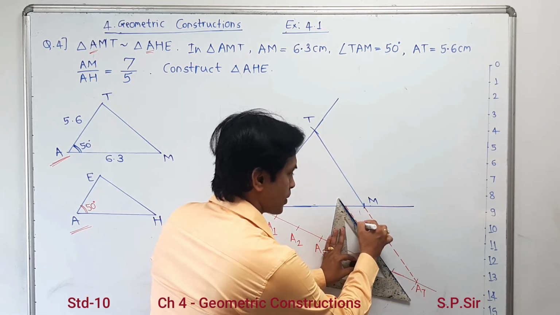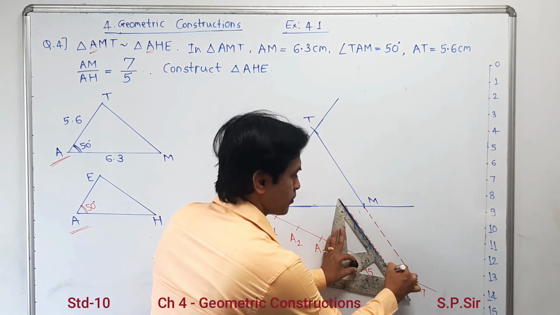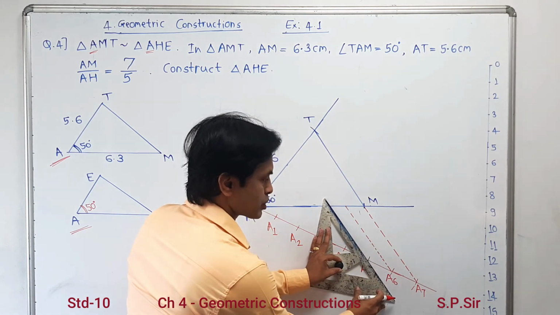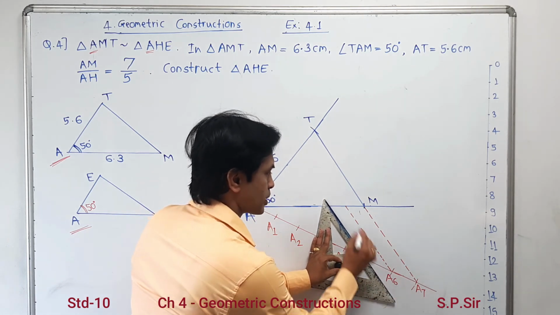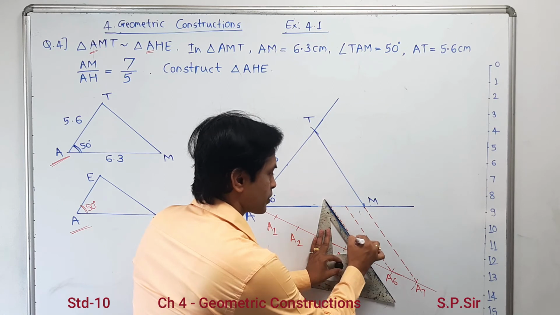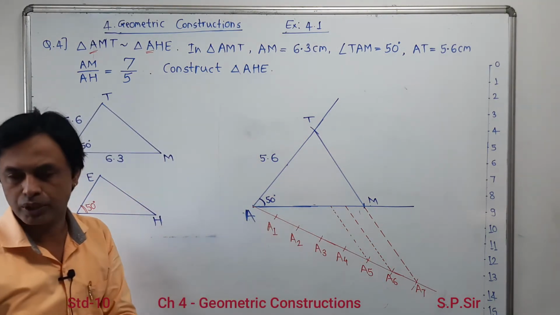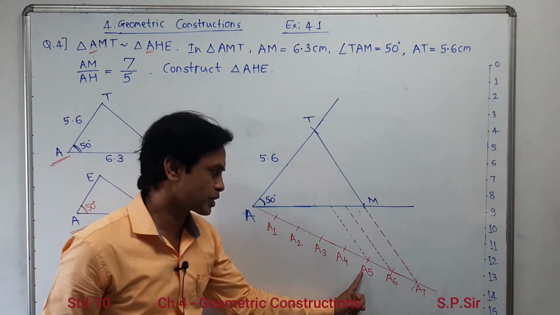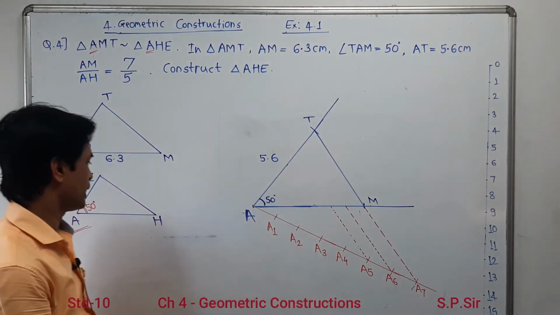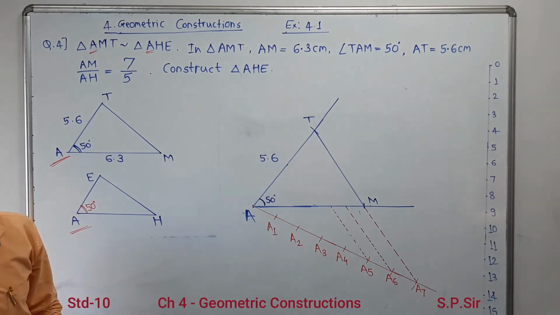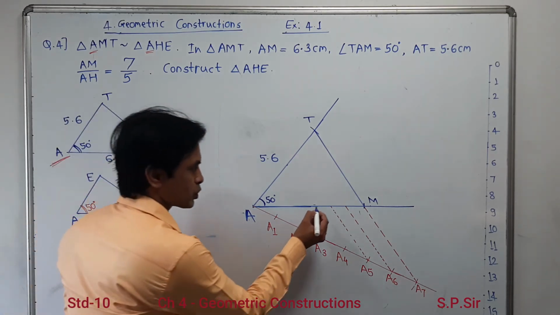No doubt it is not required, but it is helpful if you draw an additional line. Again drag your scale backward and take the 5th position. In this way, you can also draw the 4th, 3rd and 2nd positions, but we need the 5th position, reference A5, and this point is nothing but H. So I am indicating that point H over here.